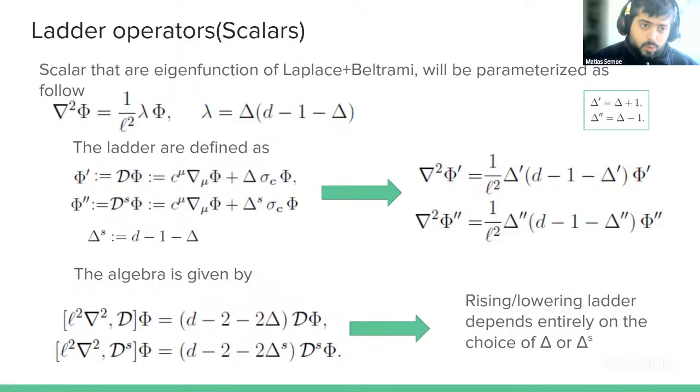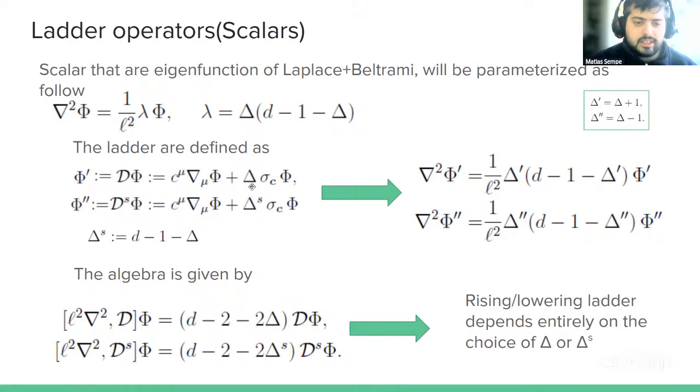First, we will start with a harmonic function in a maximally symmetric spacetime. So we will parameterize lambda, the eigenvalue, as the following. If we grab this and put it here, we will see that we can use the following operators, D and delta shadow and D shadow, to get new fields, phi prime, phi prime prime.